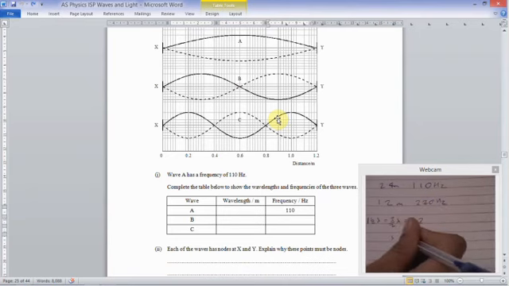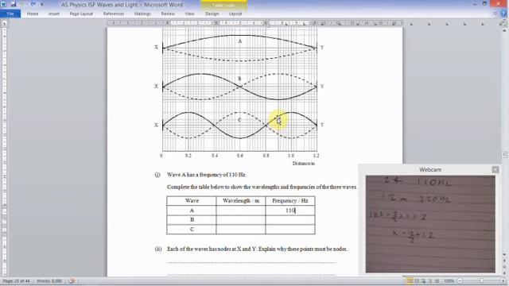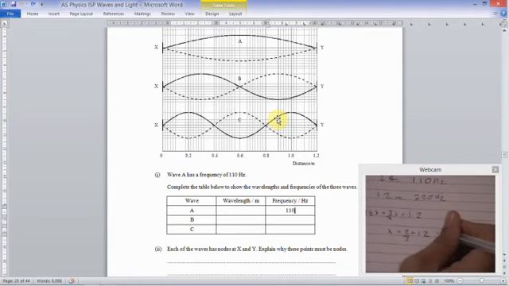Therefore lambda is going to be 2 over 3 times 1.2. So it's 2/3 of 1.2. A third of 1.2 is 0.4, so it's going to be 0.8. We can see that already, but let's double check: 2 times 1.2 divided by 3 is 0.8. The wavelength of this one is 0.8 meters.